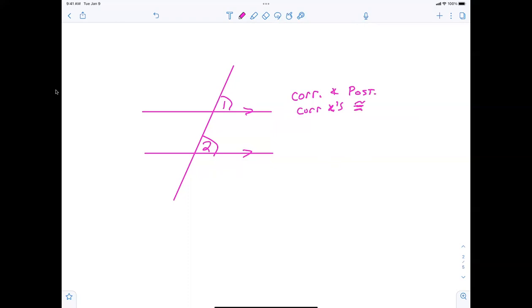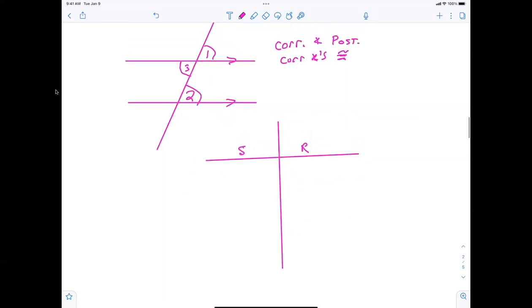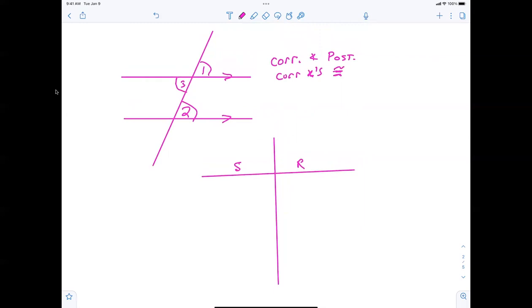Now we're going to mark this angle 3. We're now going to prove that alternate interior angles are congruent. So here are our statements and here are our reasons. Basically the given would be two parallel lines cut by a transversal.